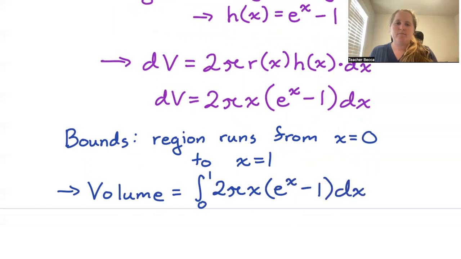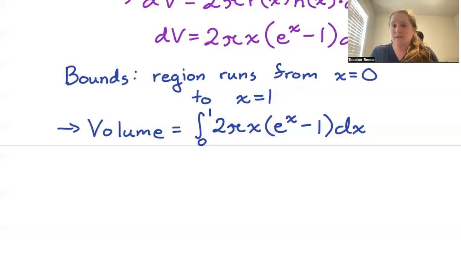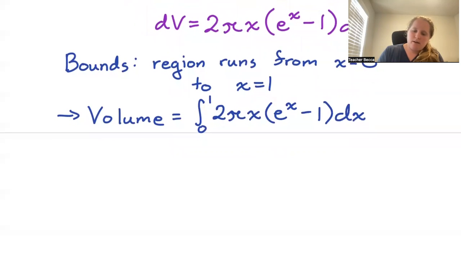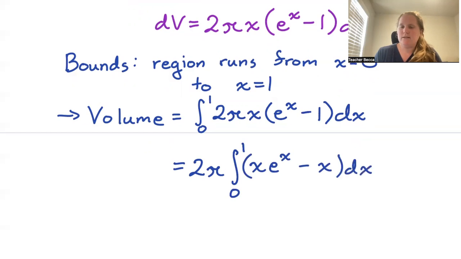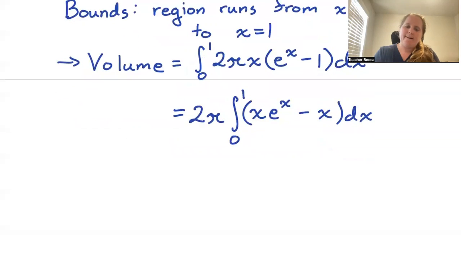This integration is not so bad. So we are looking at 2 pi times the integral from 0 to 1 of x e to the x minus x dx. x e to the x, we can run integration by parts on.